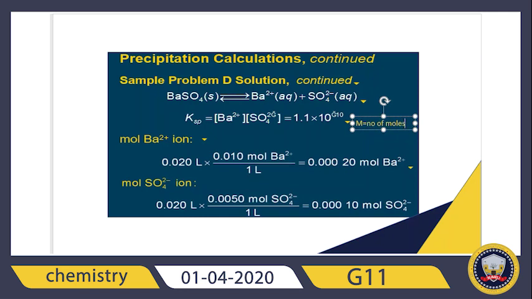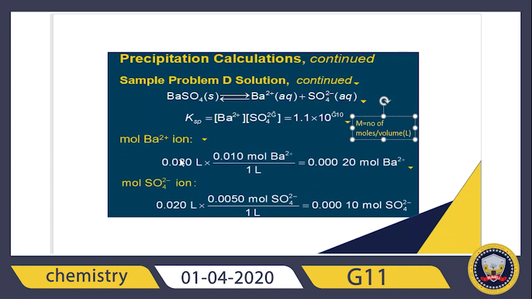Molarity is equal to number of moles over volume in liter. As I said, we need to convert the volume to liter, and then since we have the molarity for each of these two compounds, we can simply calculate the number of moles. Number of moles will be equal to what? Molarity multiplied by the volume, as you can see here.